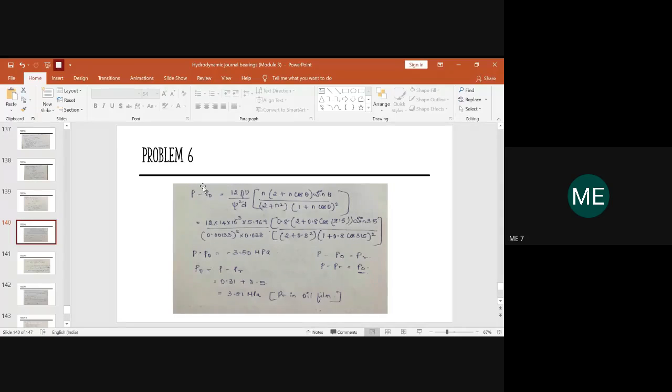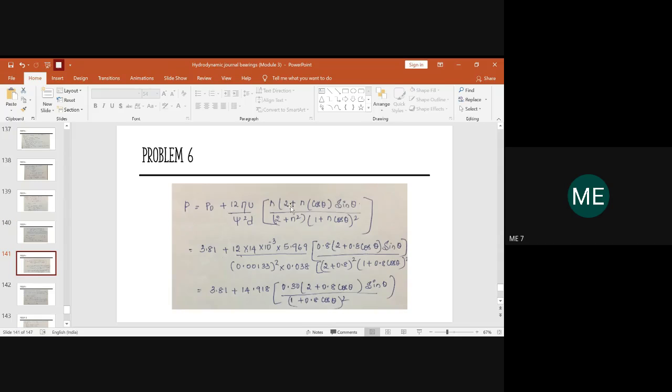But previously it was the difference P minus P naught that we were using. Now, since we have determined the P naught value as 3.81, we can take this P naught value towards our right hand side. That will just give us the value of P when it is maximum and when it is minimum. So we will rewrite the same equation.